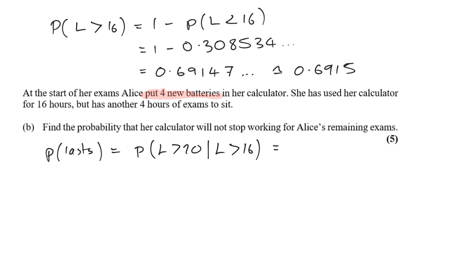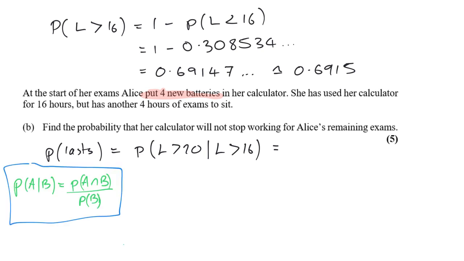And referring back to the formula for this, we can see that we need the probability that it lasts over 20 divided by the probability that it lasts longer than 16.